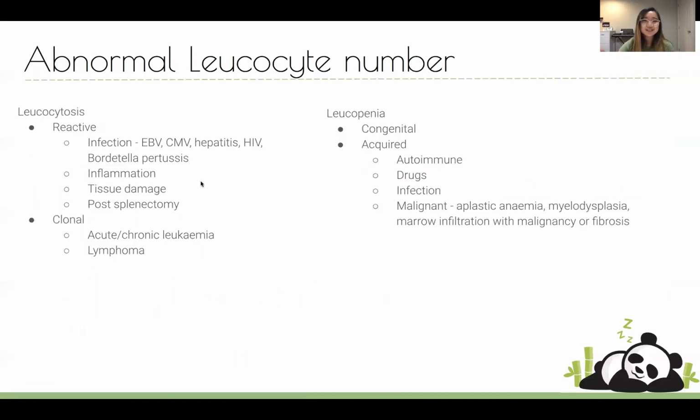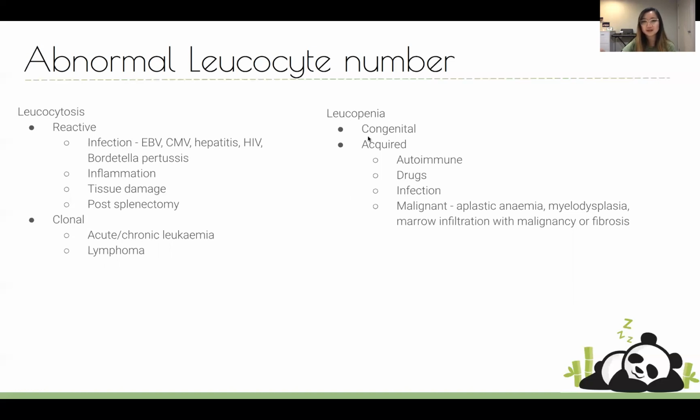For abnormal leukocyte numbers, you can have leukocytosis, so cytosis for more and leuko for white cells. Usually it's reactive, so due to infection, inflammation, tissue damage, things like that. Infection's a big one because you need white cells to fight infection. Clonal is like in cancers and things.